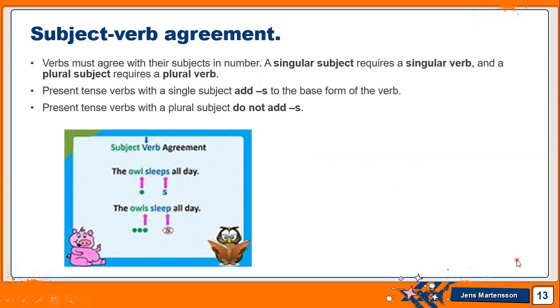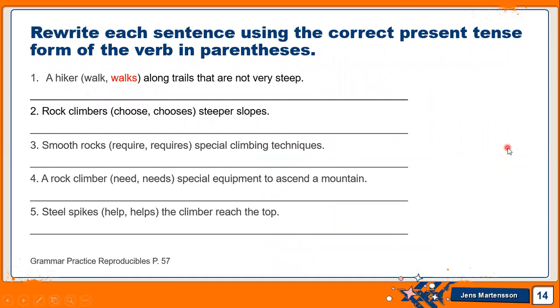Okay, now we move to the practice. We need to rewrite each sentence using the correct present tense form of the verb in parentheses, okay? Now, let's look at the first one, which I already solved for you. A hiker, one hiker, so I have a singular subject here.